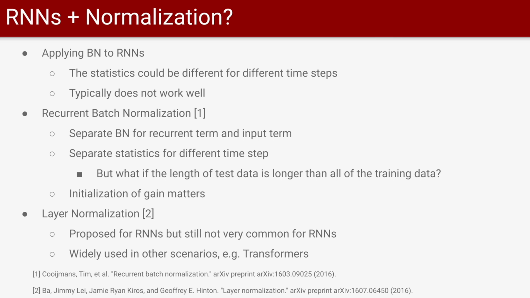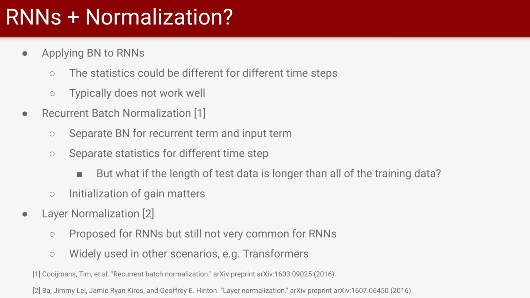And also, as shown in the paper, the initialization of the gain parameter matters a lot. Another paper is the famous layer normalization, which you have probably experimented with in your homework P2s. Layer norm was originally proposed for addressing the difficulty of applying batch norm to RNNs.